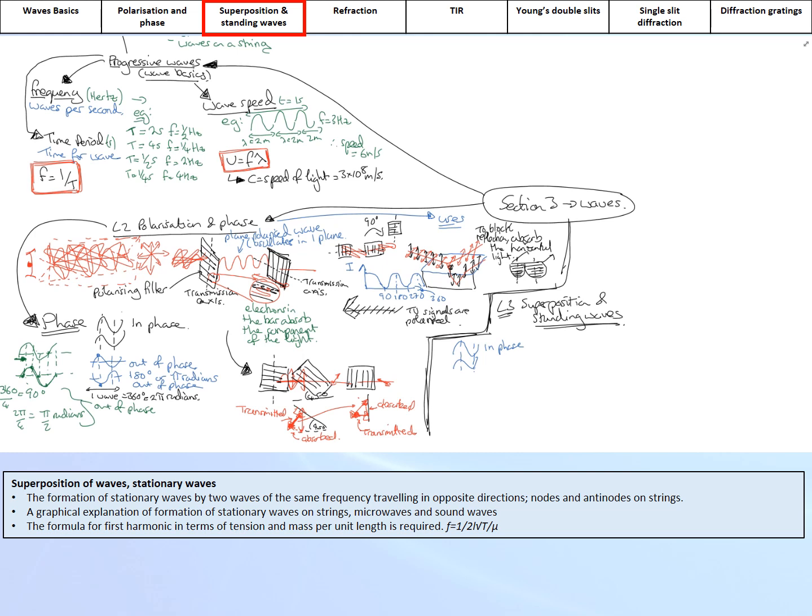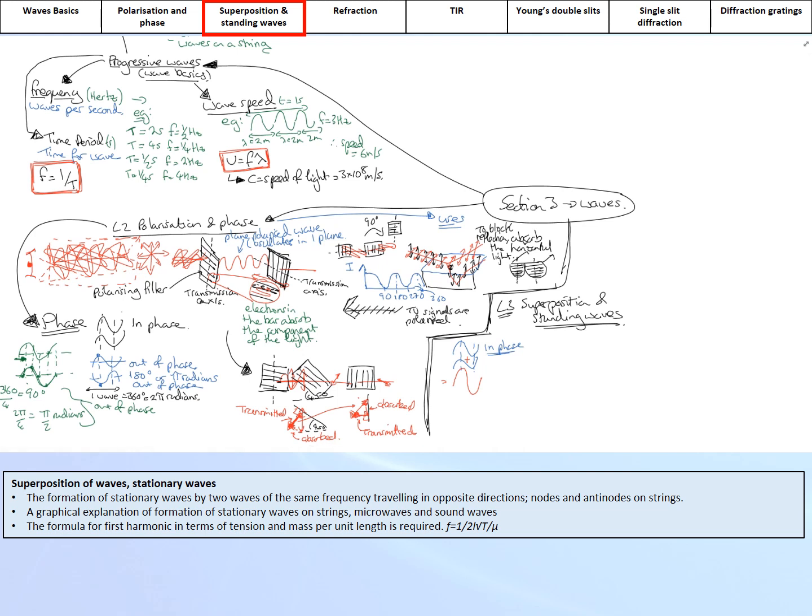We call it interference. So first wave plus the second wave would give us a wave with twice the amplitude. So we go up and down with twice the amplitude.